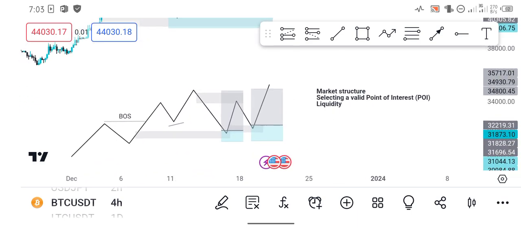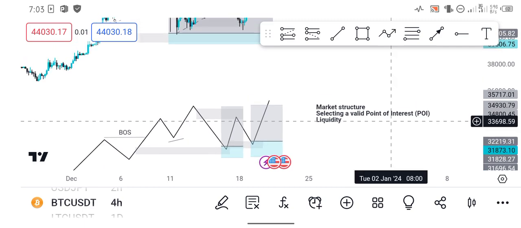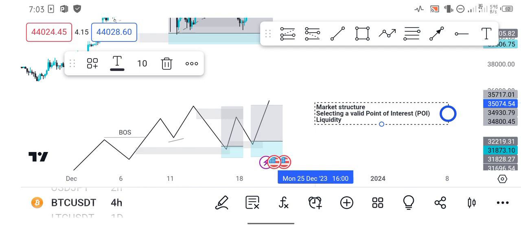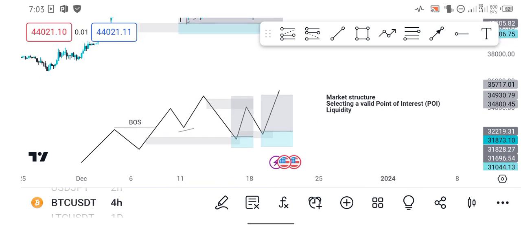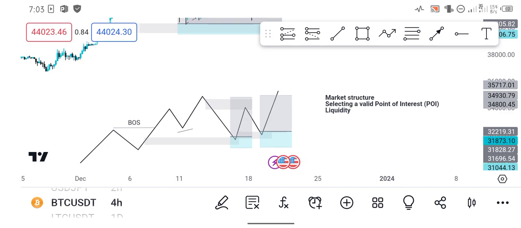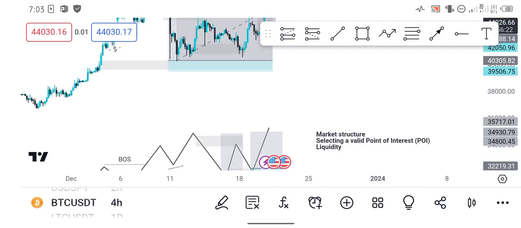So that was it. These were the three concepts we used in taking this trade: market structure, a valid POI, that is an imbalance, order block, whatever makes up a point of interest, and liquidity, which also supports the claim of a valid point of interest.